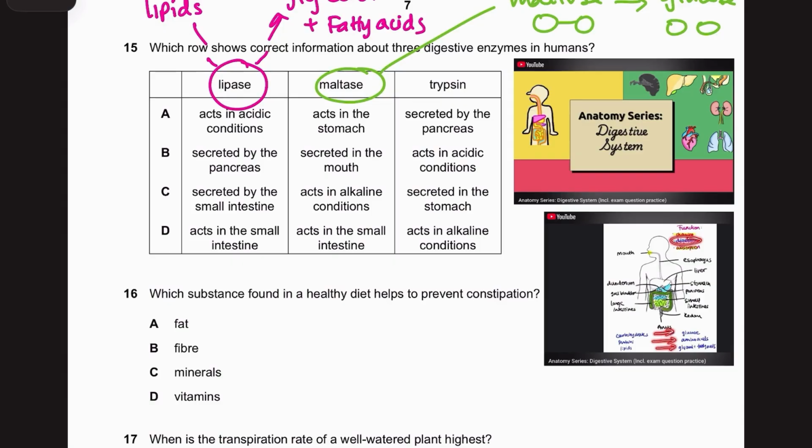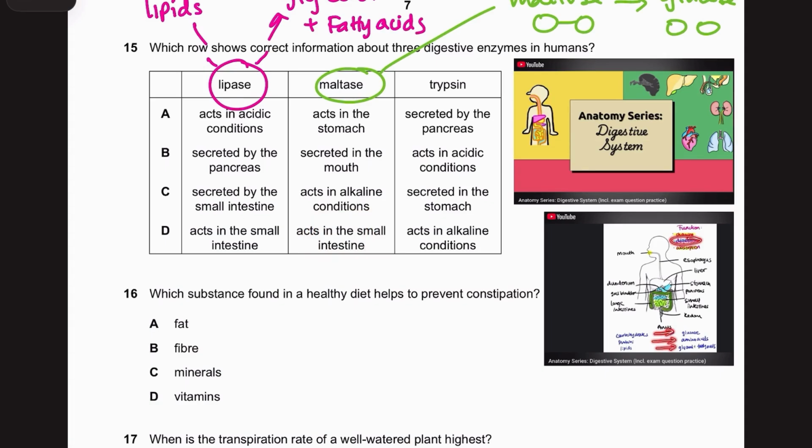lipase. So you have to know where it does the action, okay? So where it actually acts. So lipase acts in the small intestine, okay? Maltase also acts in the small intestine. This is just one of those things that you have to memorize.